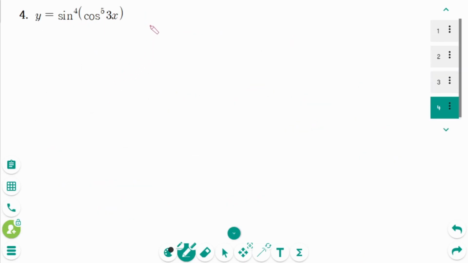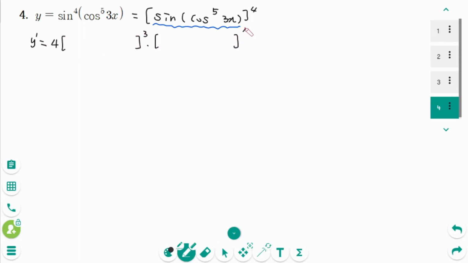Number 4, we can rewrite as sine of cosine to the power of 5 of 3x to the power of 4. Think of it as u is the inner function. So sine of cosine to the power of 5 of 3x, y prime equals 4 u to the power of 3 times u prime.